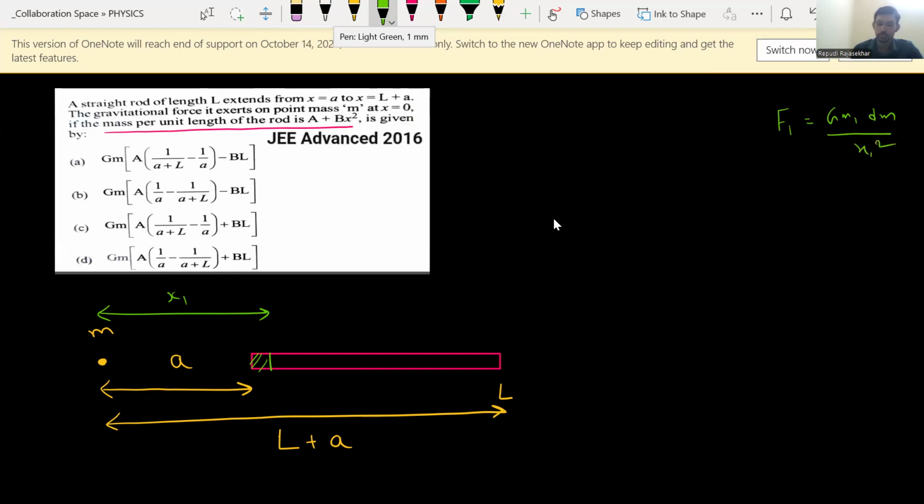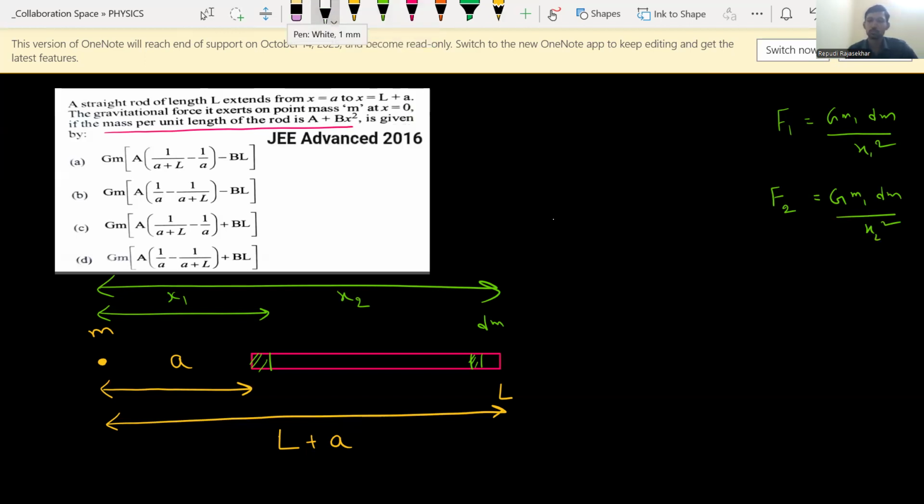If I take this end particle, this mass, then this also has an elemental mass dm. But what is the distance between the particle and this last mass? It may be x2. Let us take x2. Then what happens to the gravitational force between the last elemental mass and the point mass? G into m into dm divided by x2 square.